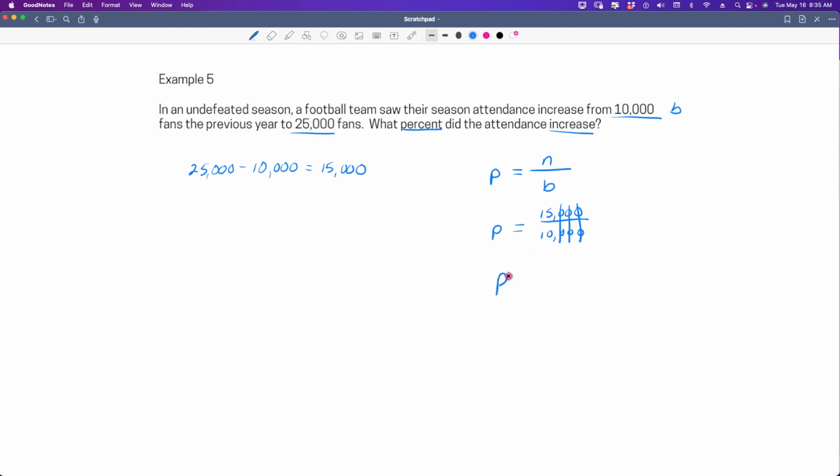So P is equal to 3 over 2. We can reduce that mentally. We can see that that's 1.5. And then when we move our decimal place 2 places, we know that's 150%. Because we move it 2 spaces right back there. So we have to add a 0 to get it there, right?